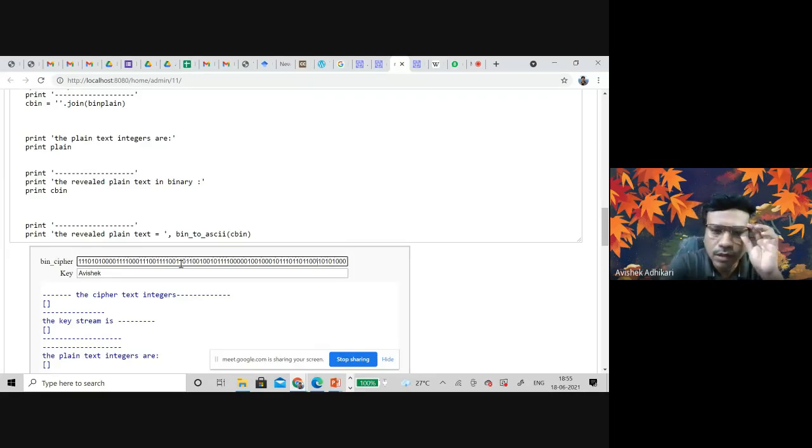So here is one dash, and if I look closely, this is another dash. They are basically for new lines. And this is another. You remember it is a symmetric key, so here I am also using the key Avishek.